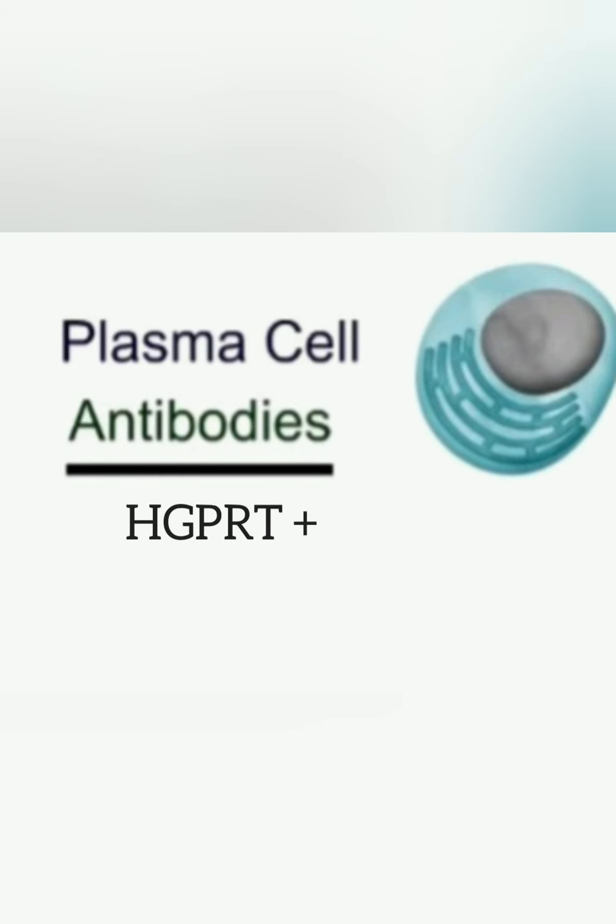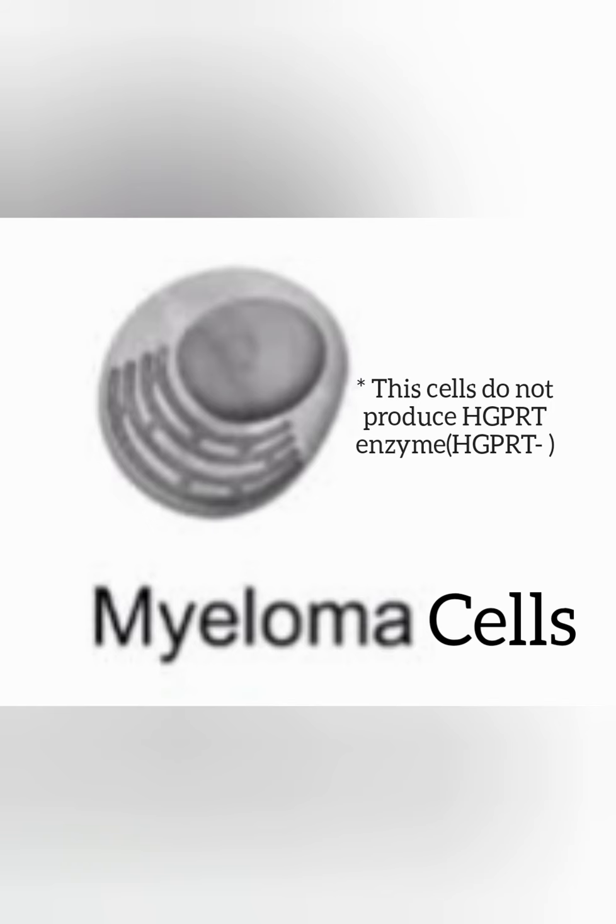When we look at the condition of plasma cells and myeloma cells, plasma cells have this enzyme but myeloma cells do not. Yes, the myeloma cells used in Hybridoma technology are mutated. Two genes are mutated.